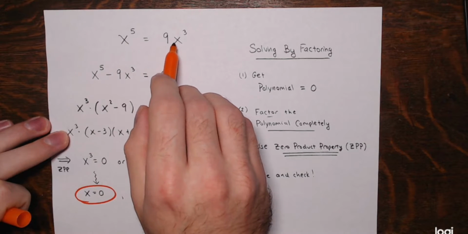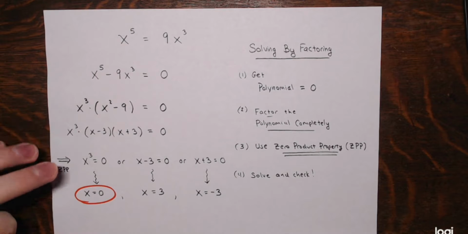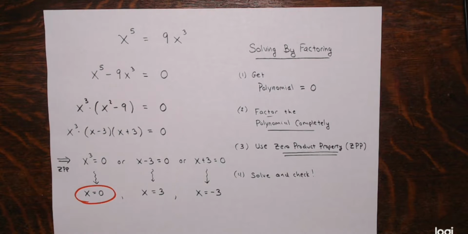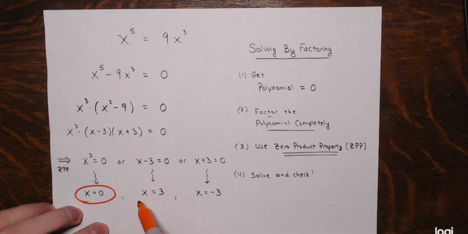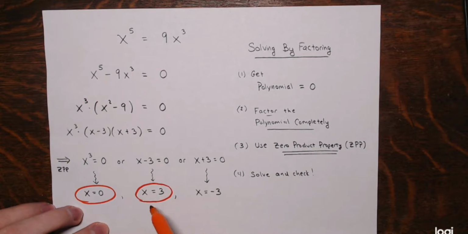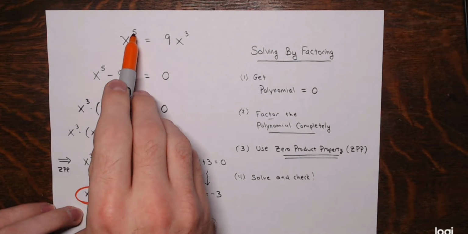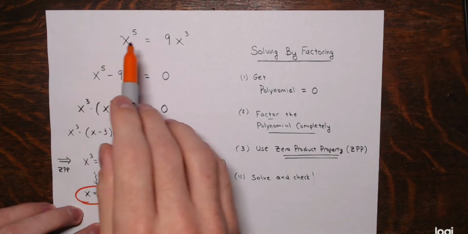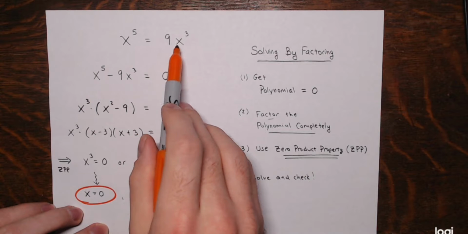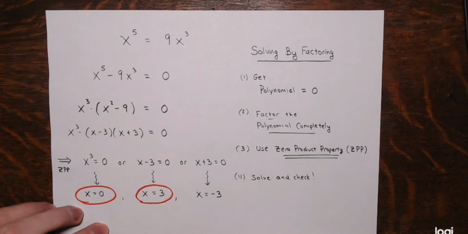You'd get 3 to the 5th on both sides. Should be 243, I think. 243 on both sides. So that works. And negative 3, you'd have negative 3 to the 5th, which would be negative 243. And then negative 27 times 9, negative 243 again. So this also works, right?